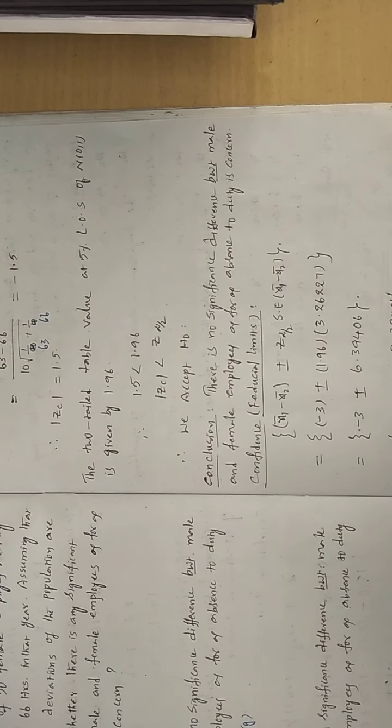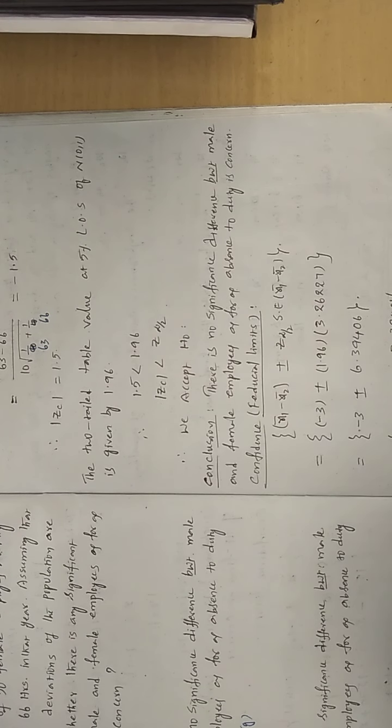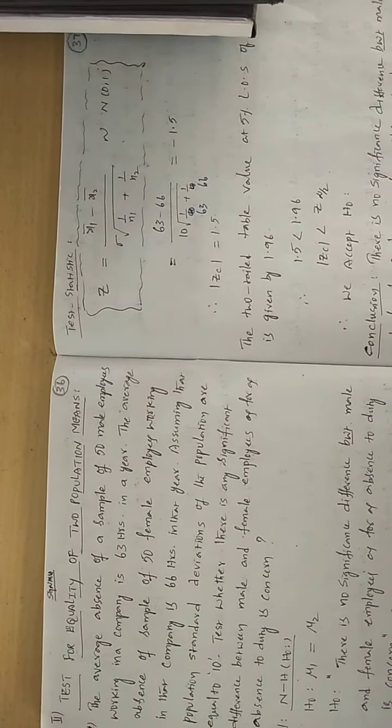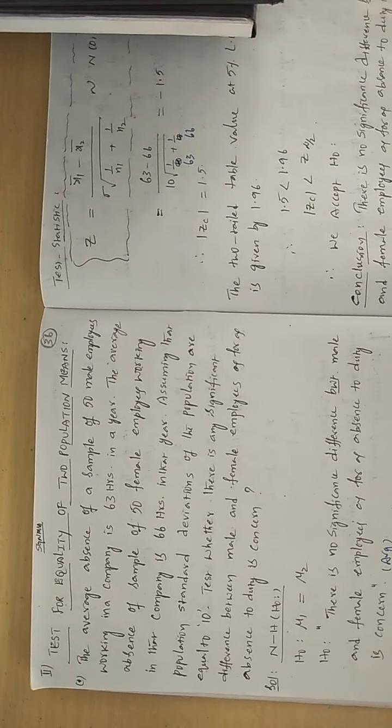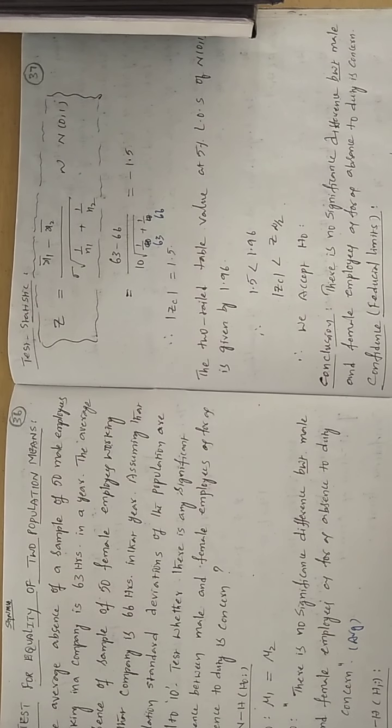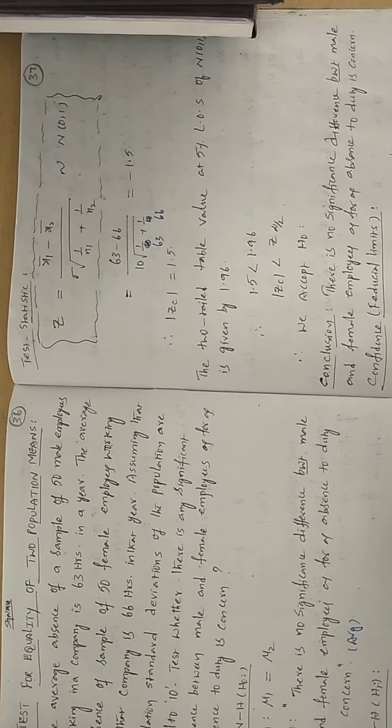We cannot say that only male are sincere employees or only female are sincere employees. Both are equal. Whenever they want, they go on leave. So such is the way we can apply these tests of significance for real-time problems. That's why these techniques are very important.